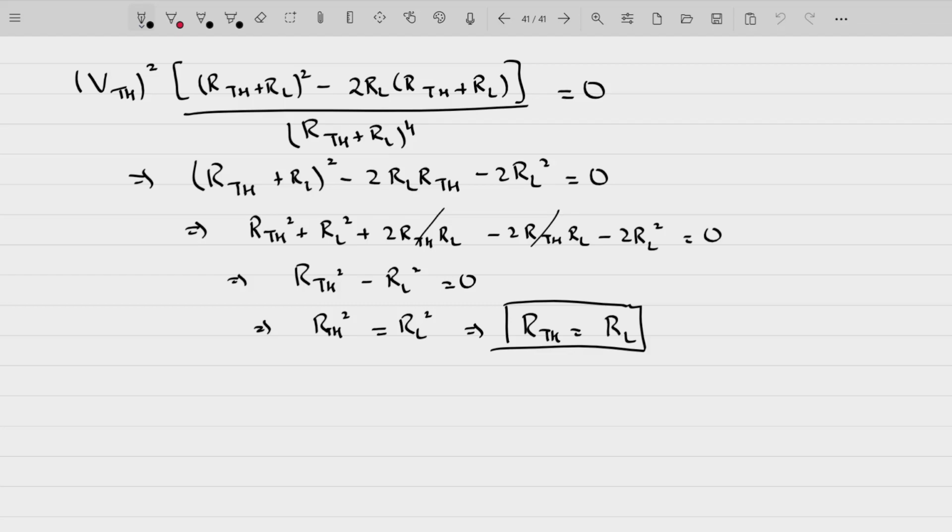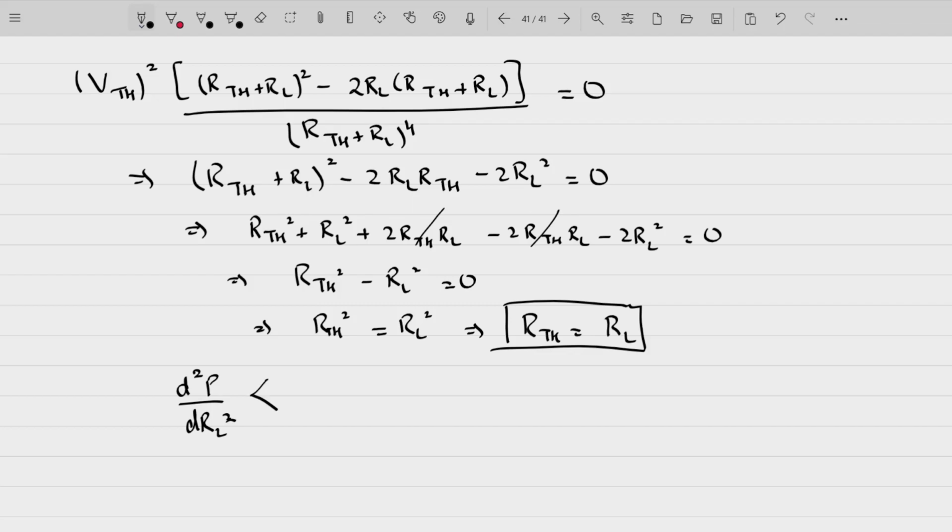So you have found out RTH is equal to RL, but by differentiating it once, we do not yet know whether this is a minimum point or the maximum point. To find out, you have to double differentiate it, and see whether this double differentiation yields a negative term or a positive term.